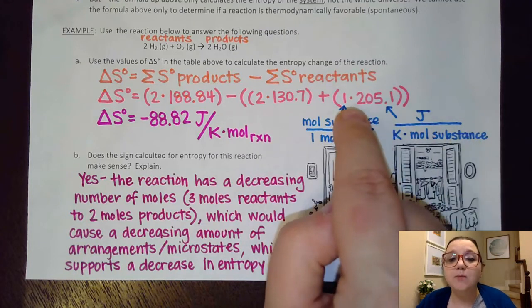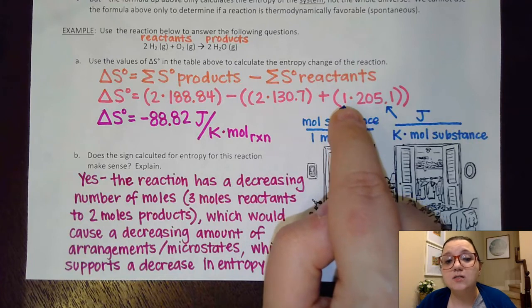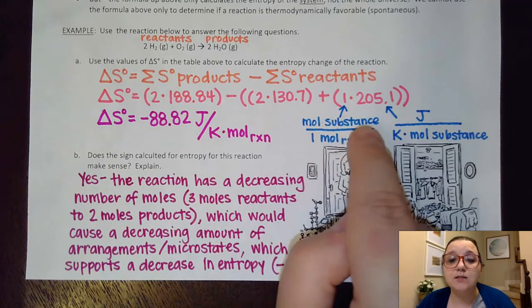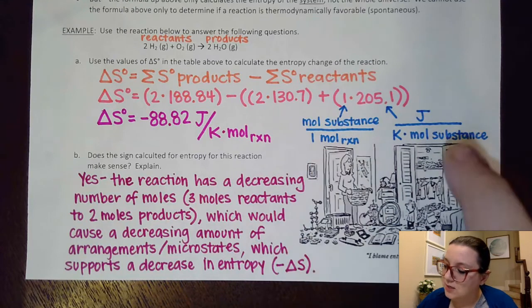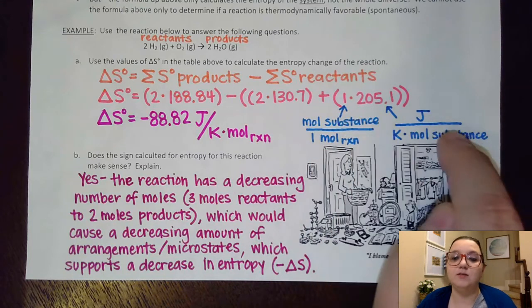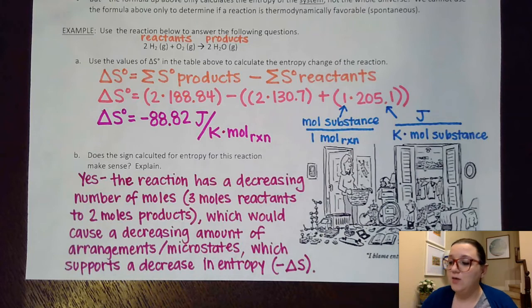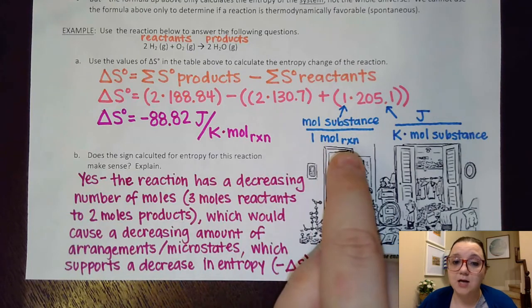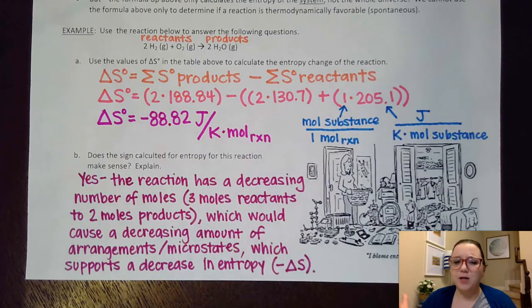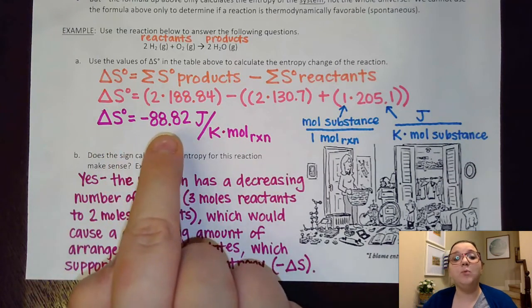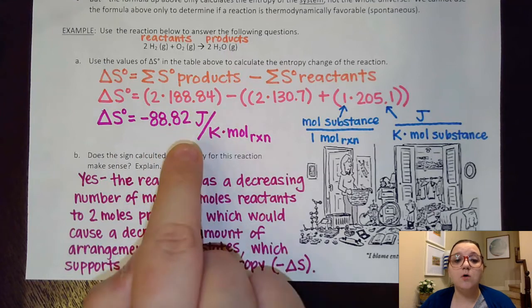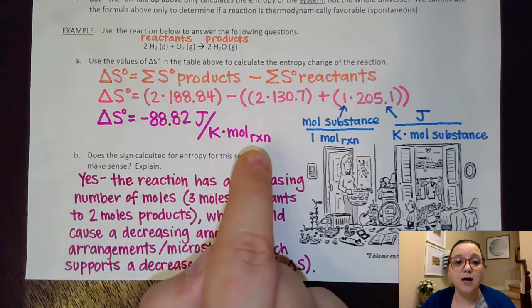So by multiplying by the coefficient, that coefficient is telling us the moles of the substance per mole of the reaction. And you can see here what that would do is it would get moles of the substance to cancel out, leaving us with that unit of moles of the reaction. Once I take all that math and plug it in my calculator, that gets a delta S value of negative 88.82 joules over Kelvin times mole of the reaction.